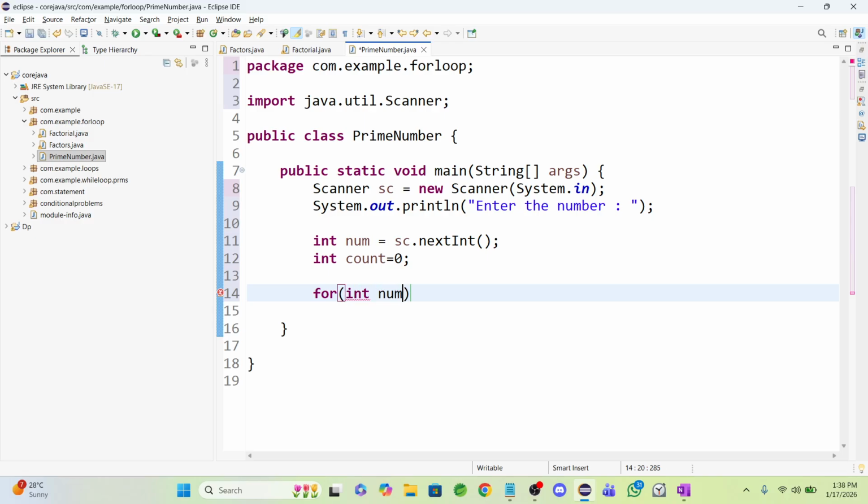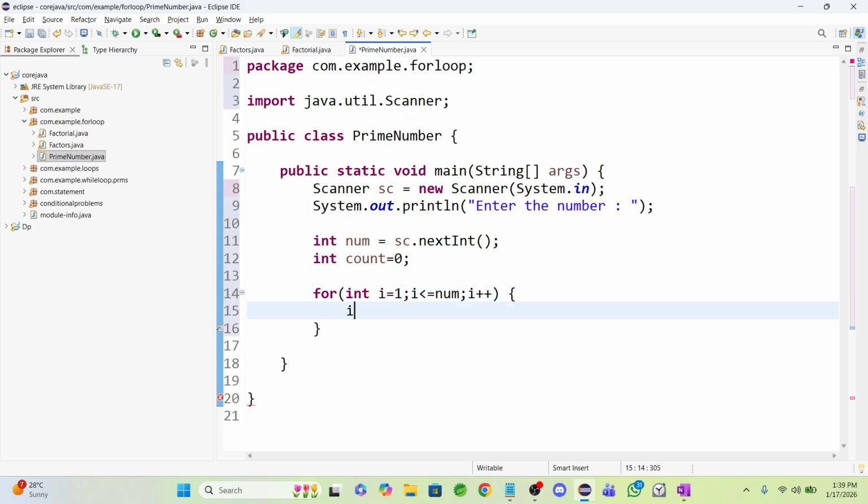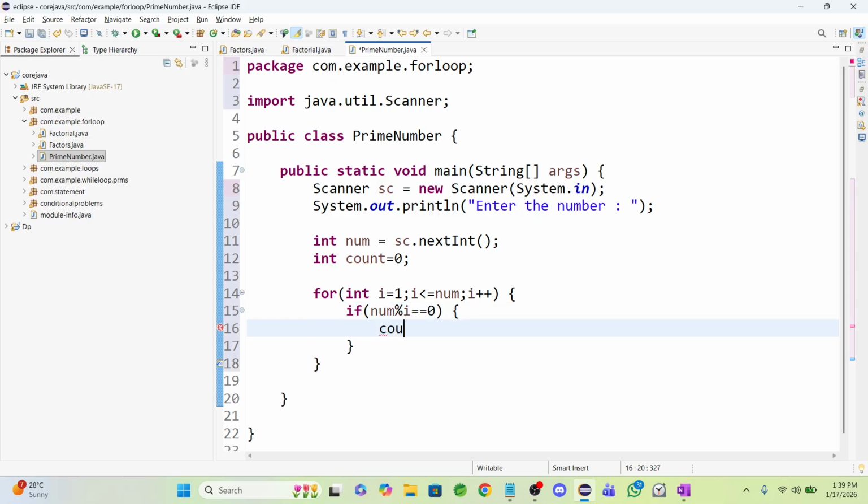Then int i is equal to 1, and i must be less than or equal to the given num, then i plus plus. If the entered number modulo i is double equals to 0, then we need to increment the count. You can write count is equal to count plus 1.